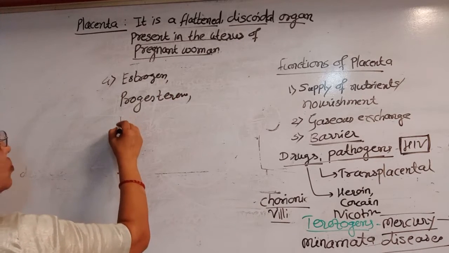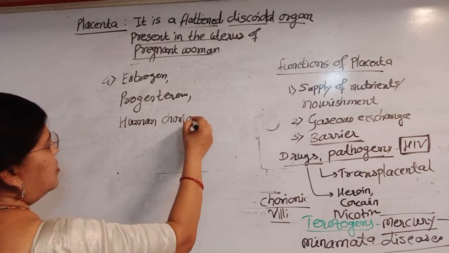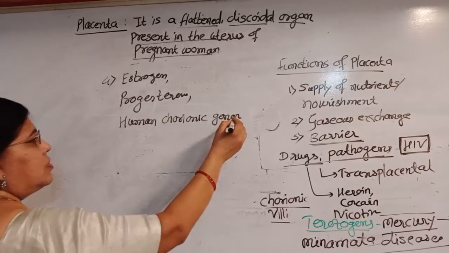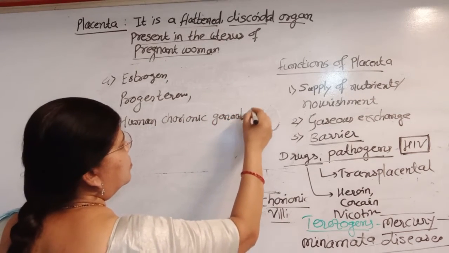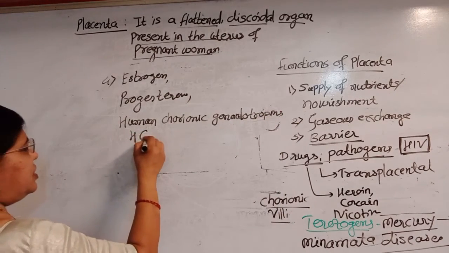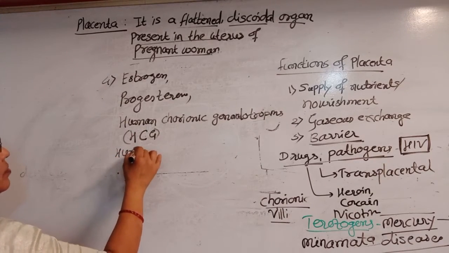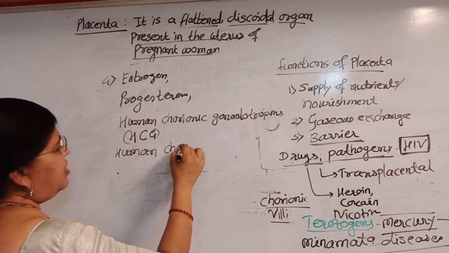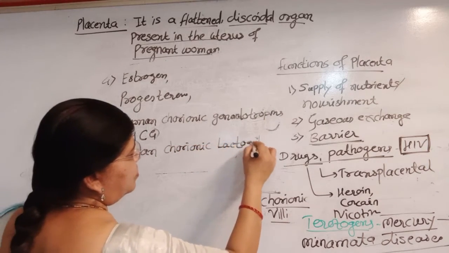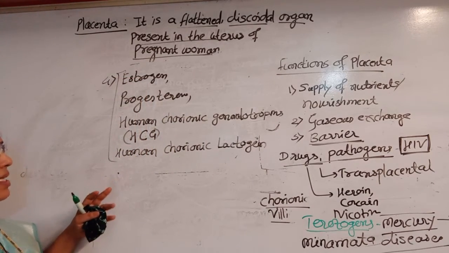then human chorionic gonadotropin, that is HCG, and human chorionic lactogens. These are the hormones which are secreted by the placenta.